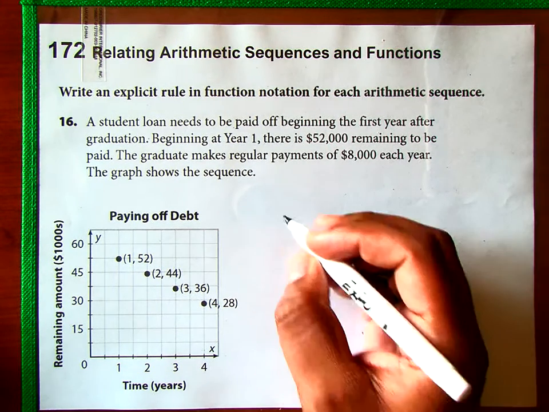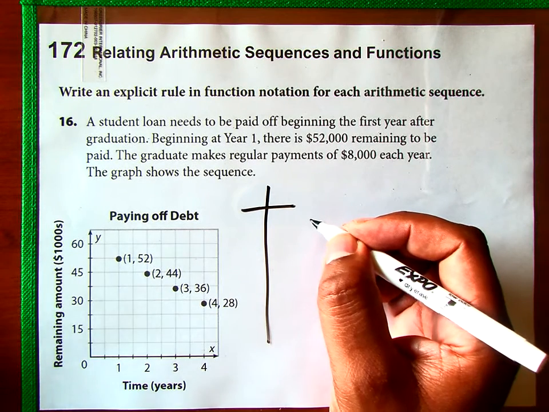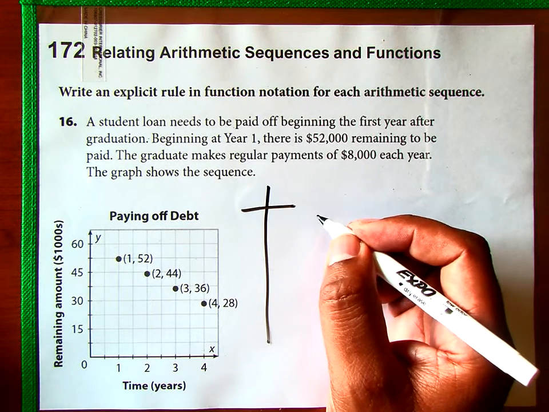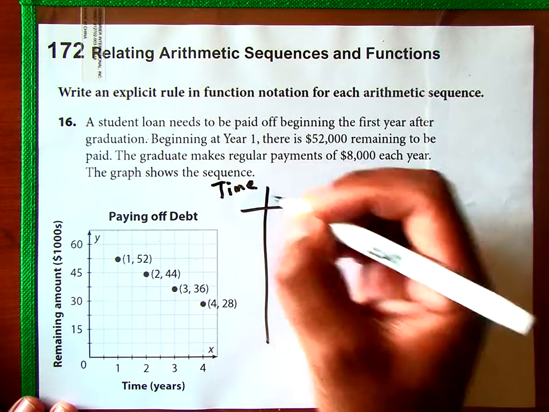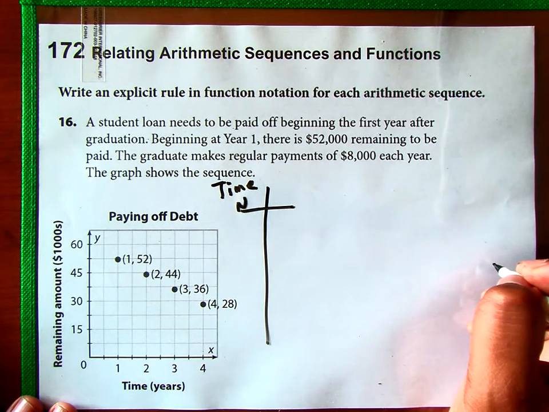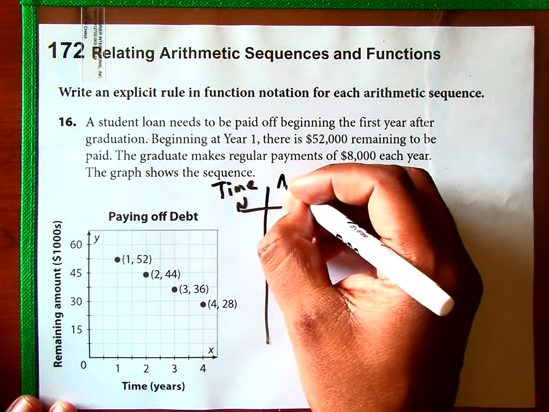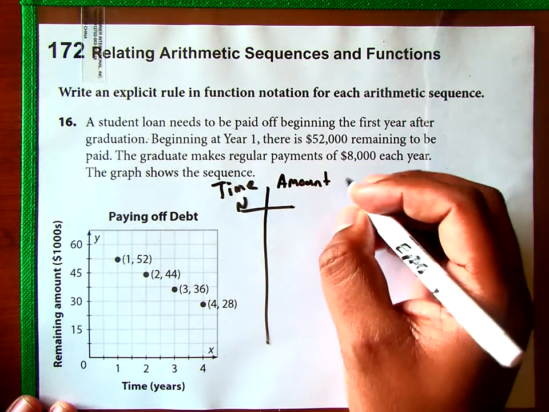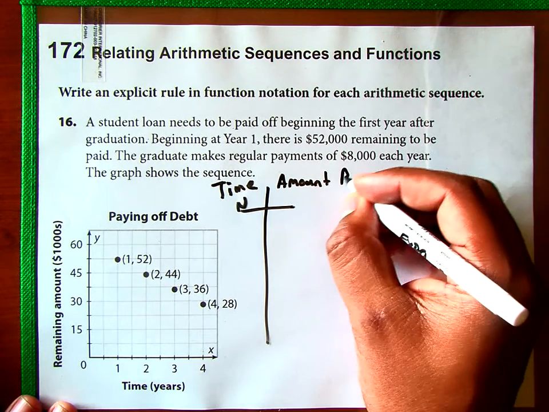Okay, I'm going to make a table here. And again, we've got time in years for n, and this is amount owed. Put amount remaining.